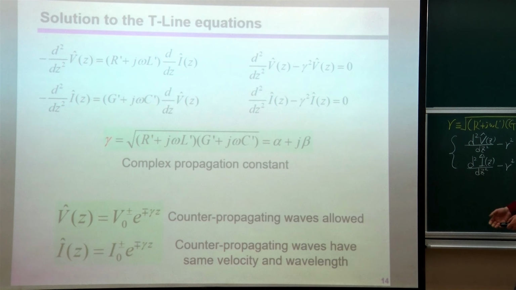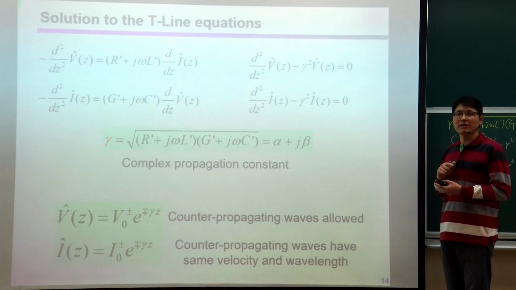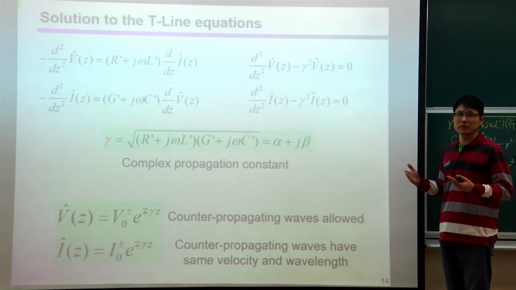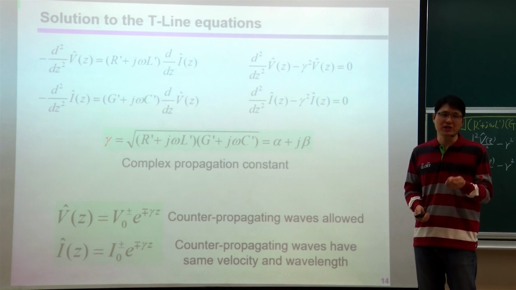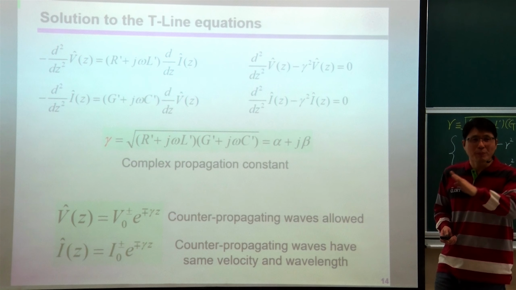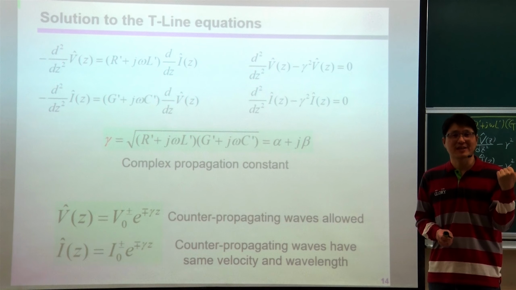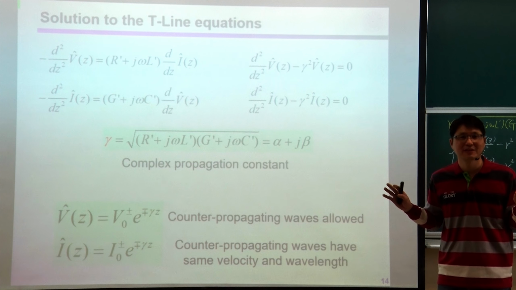Second physical meaning is, just as I said, counter-propagating waves, no matter whether voltage or current, they have the same propagation constant. So that's nice. If the forward propagating wave and the negative propagating wave can have different propagation constants, that's too messy, right?